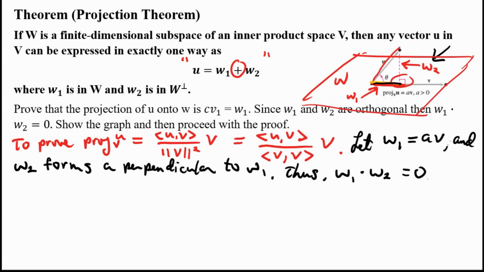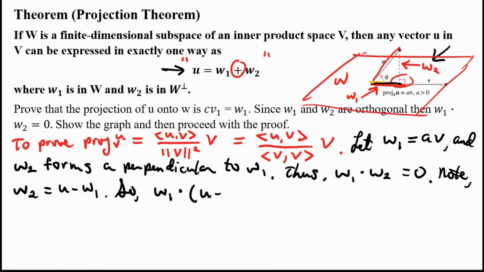But by definition from the theorem, from here, W sub 2 is equal to u minus W sub 1. So note here that W sub 2 is equal to u minus W sub 1. So we have this dot product of W sub 1 dot with W sub 2. W sub 2 I write as u minus W sub 1. That's equal to 0.